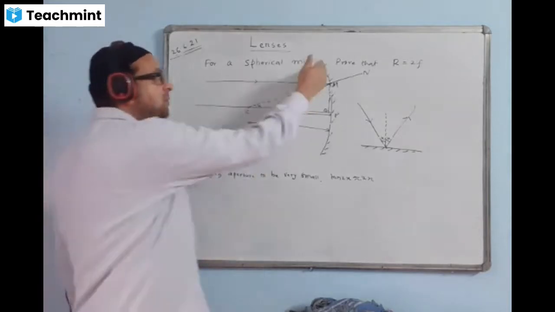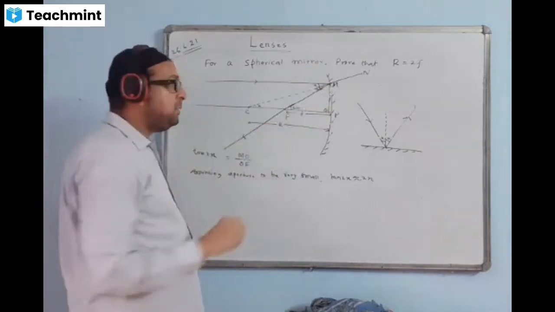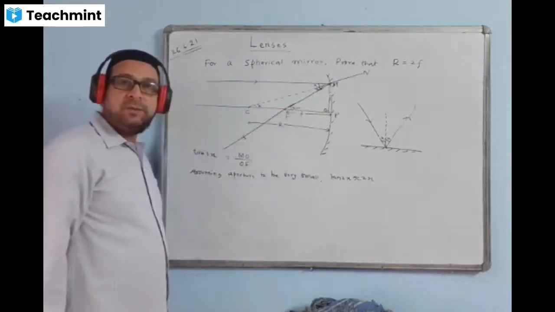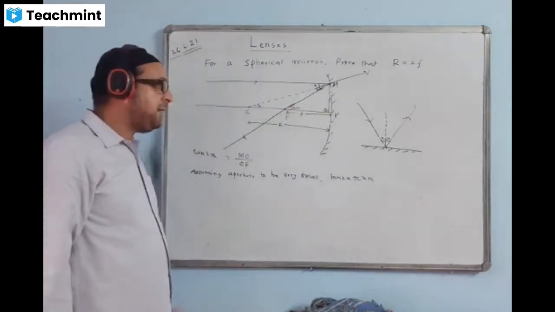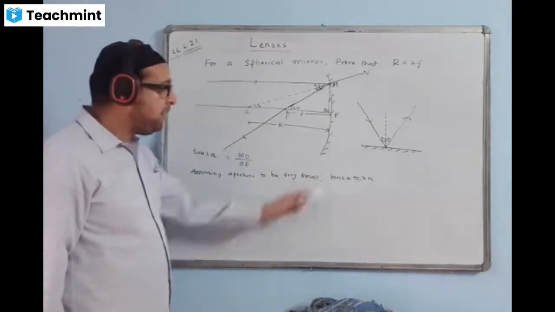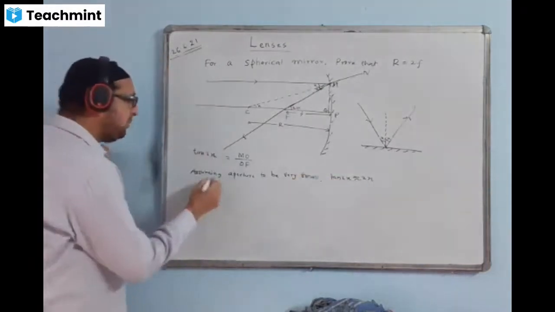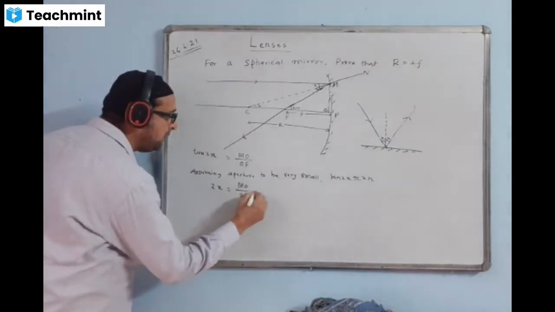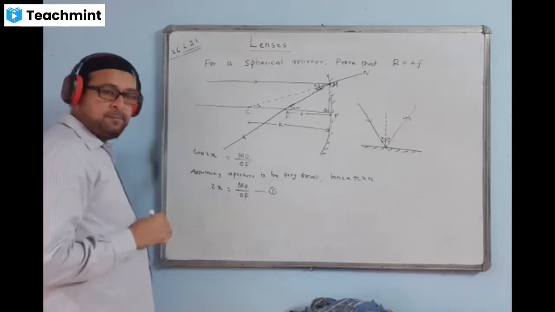Aperture means the size of the mirror, which we are assuming to be small. So these angles are assumed to be small only. When the angles are small, tan can be neglected. Tan 2x will be nearly equal to 2x. Therefore, 2x is equal to MO by OF, equation 1.